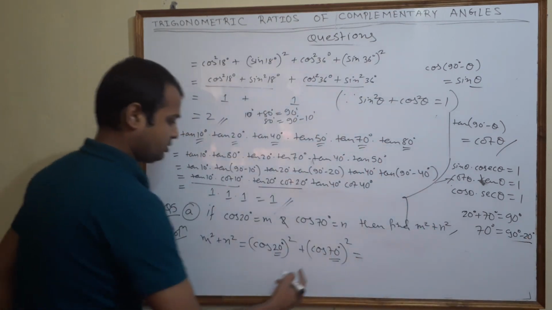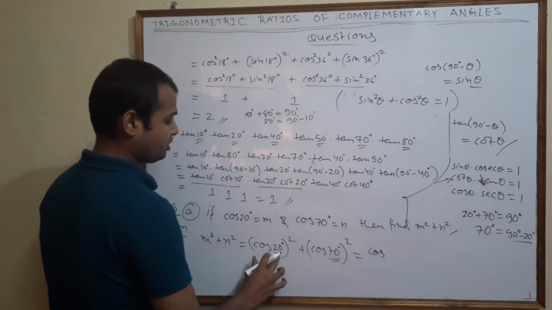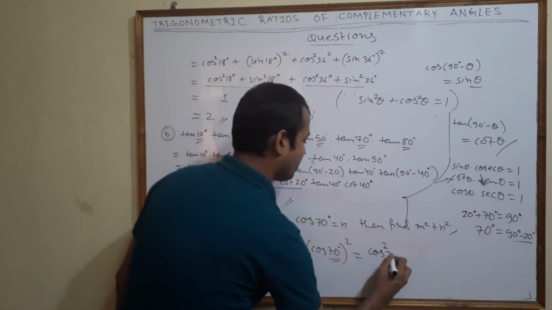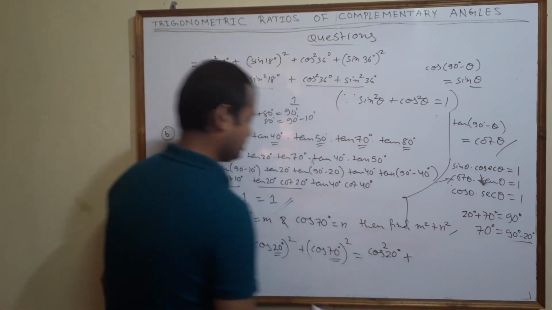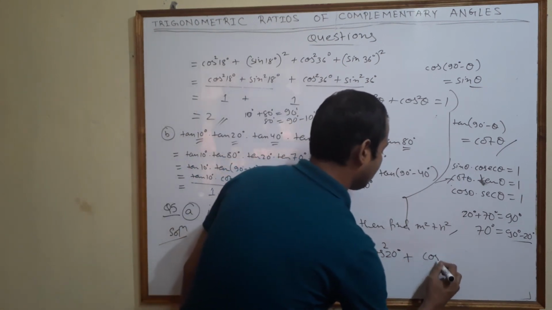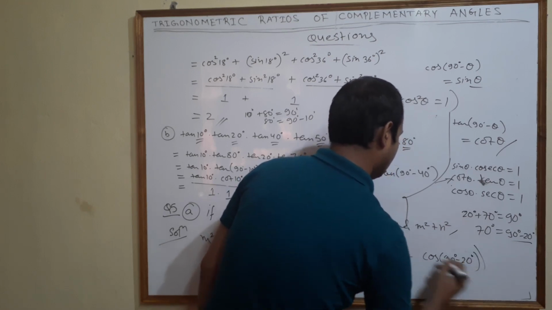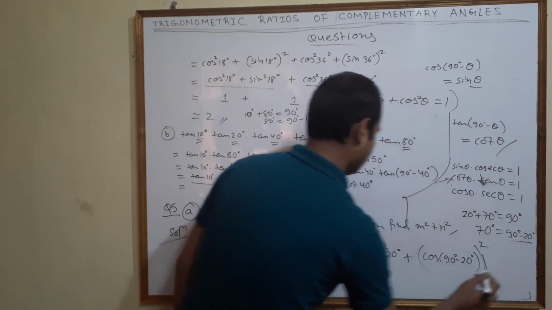Yes. So in the next step you can write, this cos 20 degree whole square means cos square 20 degree, plus cos 70 can be written as cos 90 degree minus 20 degree and whole square. Yes.